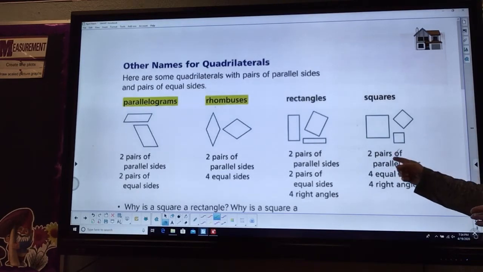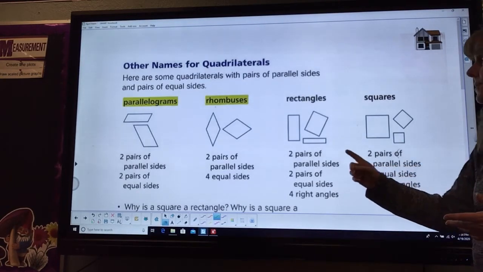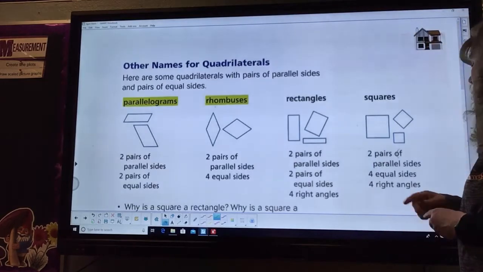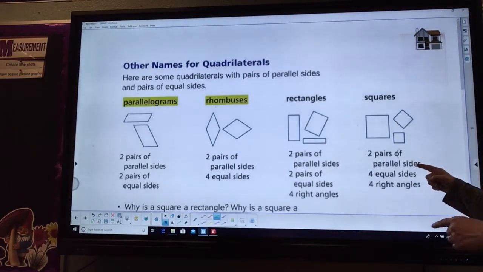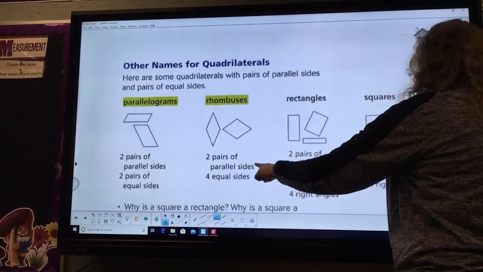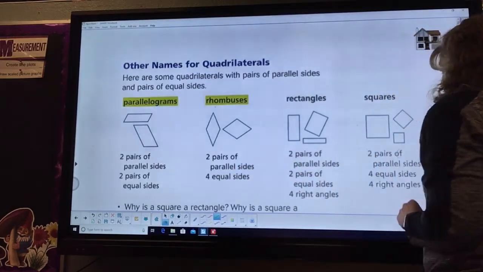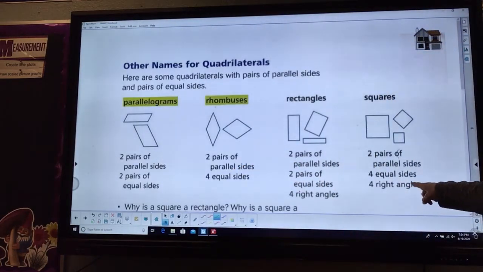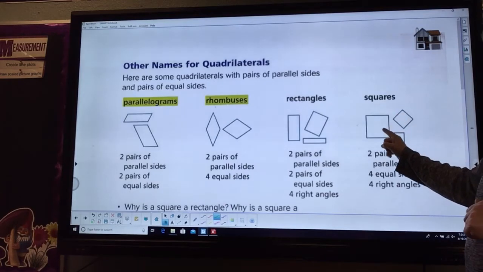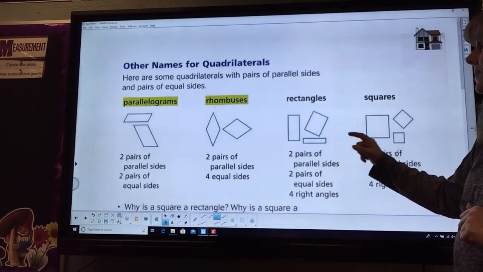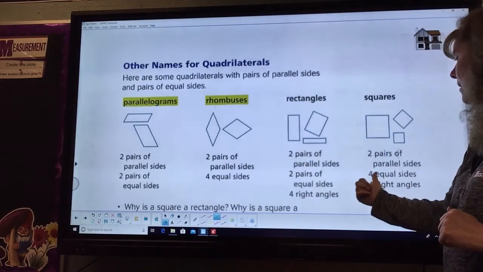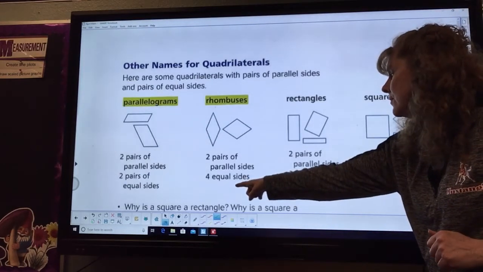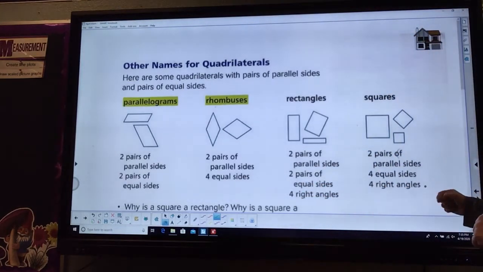For example, a square is also a rhombus because it has the 2 pairs of parallel sides, just like what you see here, and it's got 4 equal sides. Now, where it's different is it has the 4 right angles. So a square can be a rhombus, but a rhombus cannot be a square because what's it missing right here? It's missing those really super important 4 right angles.